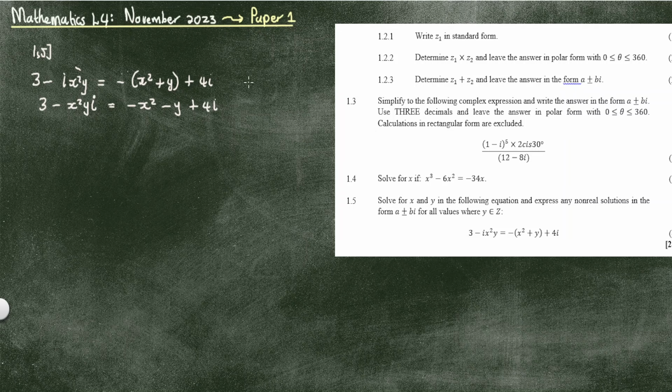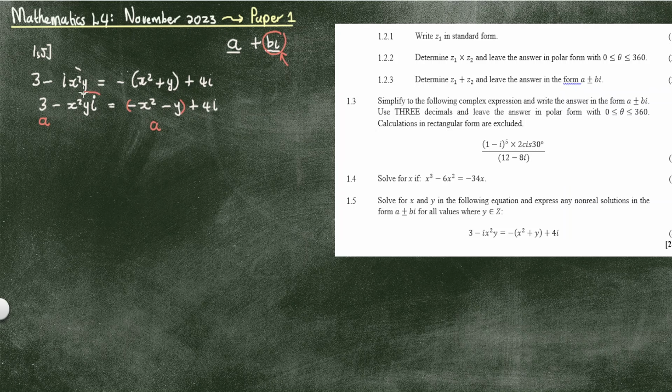Now we know that a complex number is written as a plus bi, this being the imaginary part, this being the real part. So you can see that on the left hand side you have the real part a, and on the right hand side you have this as the real part a. Now the imaginary part will always have i next to it, right?